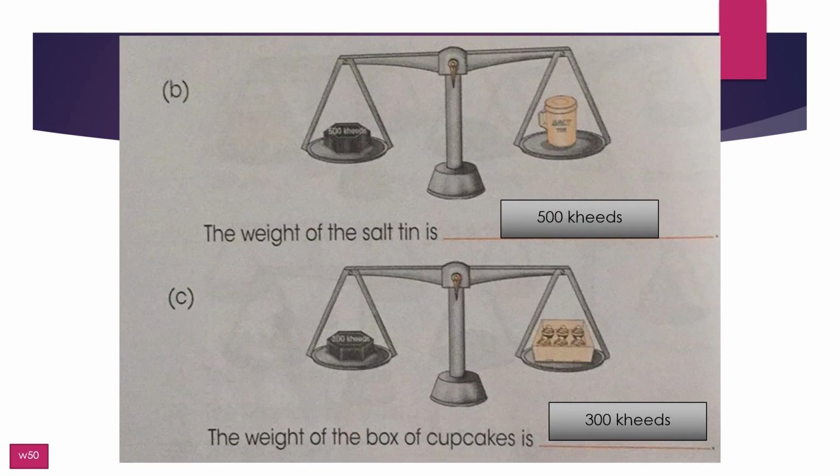We are now in letter B. Okay, so we have here the weight of the salt tin is, this is a salt tin, and the weight of the salt tin is, look at here, this is 500 kids. So that means they are equal. So the salt of this salt tin is 500 kids.